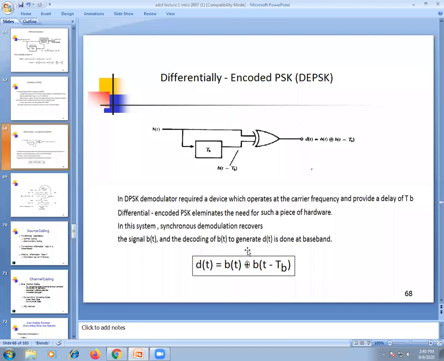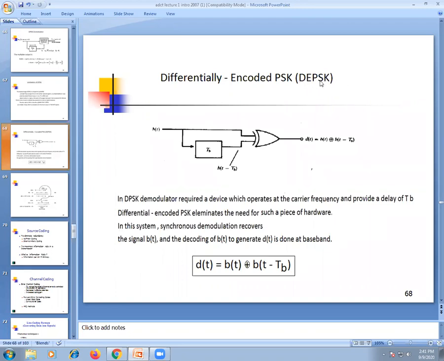One more type in DPSK is DEPSK, that is differential encoded PSK. In differential encoded PSK, the modulator is the same, but an encoding block is added here.